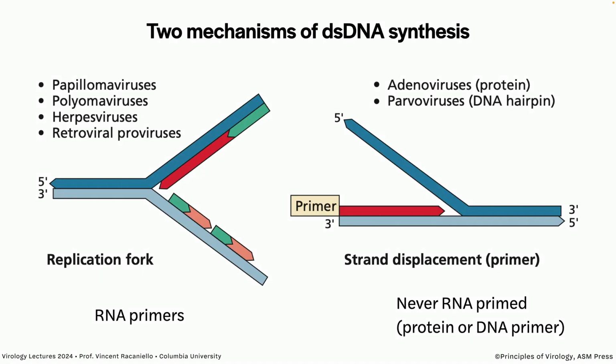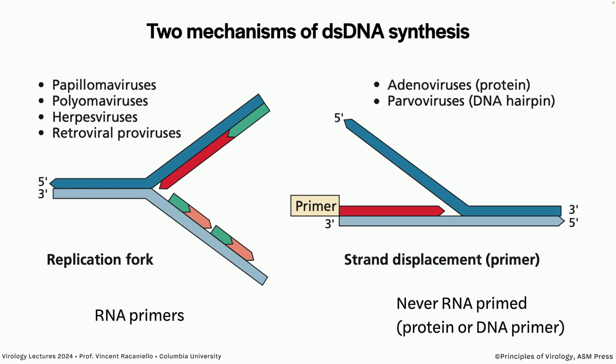There are two general mechanisms of DNA synthesis. There is synthesis where you have a replication fork, and there is synthesis where you have strand displacement. So replication fork is basically just what it sounds like. The DNA is replicated on both strands, and as a consequence, the DNA is separated and looks like a fork. So we have synthesis going on in both strands, both the plus and the minus strand.